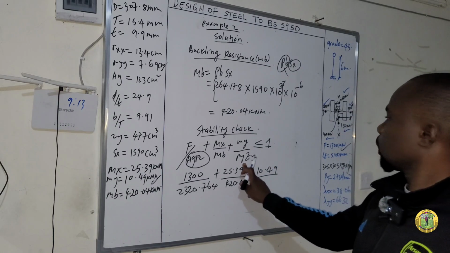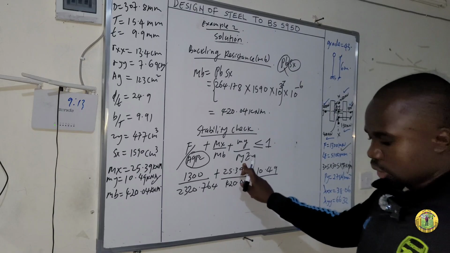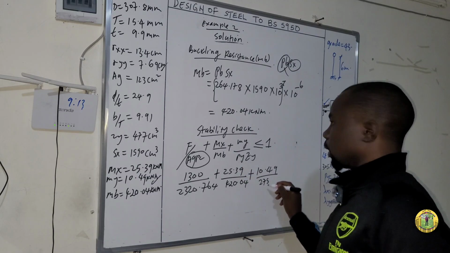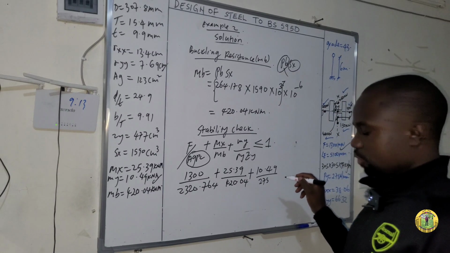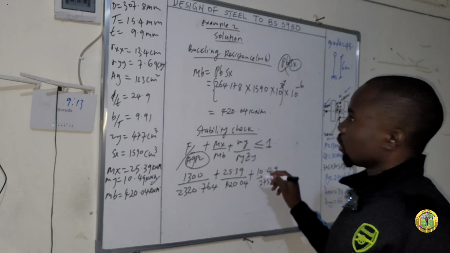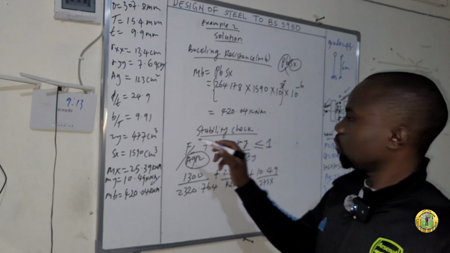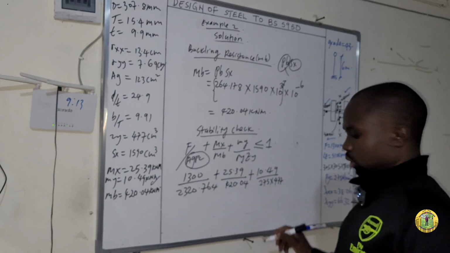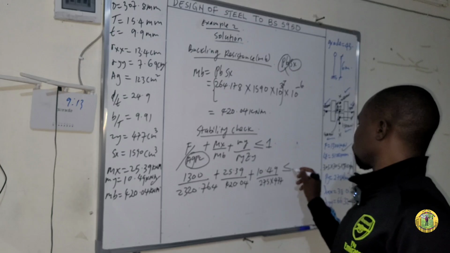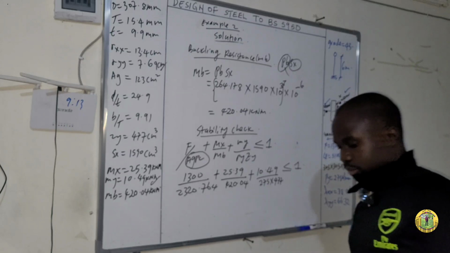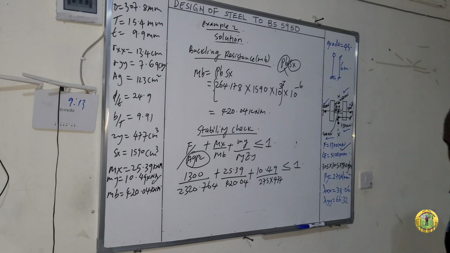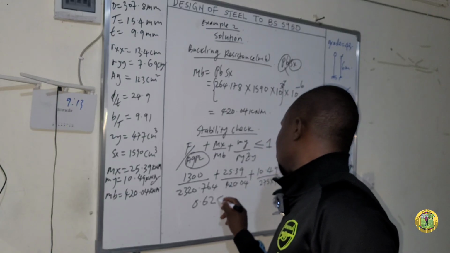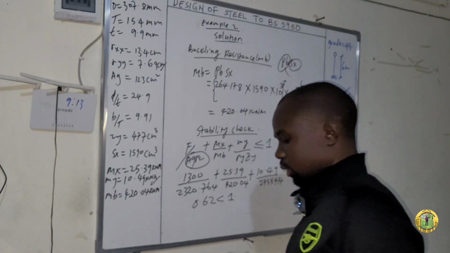So PY is 275 and ZY is 477. It is here, 477. So it must be less or equal to 1. So if you carry out the operation, you will get 0.62, which is less than 1.